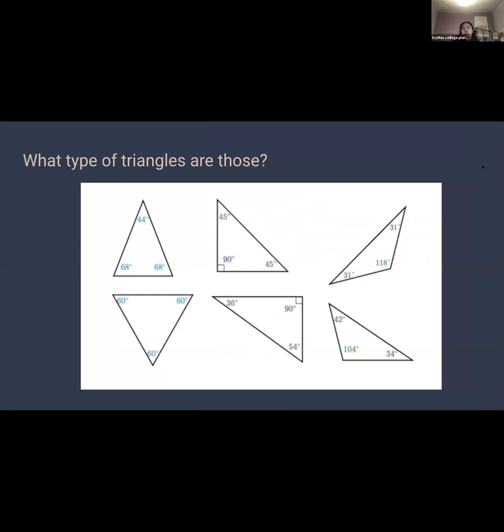I think it's just right triangle. Well, yeah, it's both.